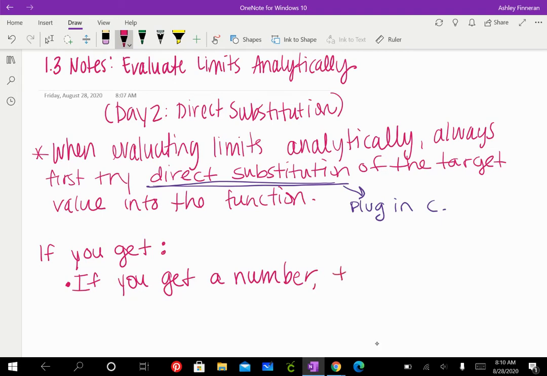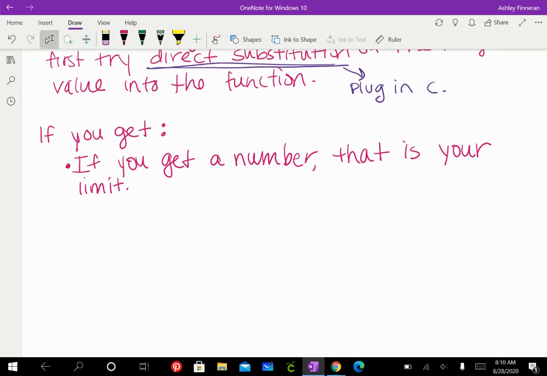That's your answer. For instance, what do you get for the limit as x approaches 3 of the function x squared? Well, if I plug in 3, I get 9. 9 is a number. I am finished.